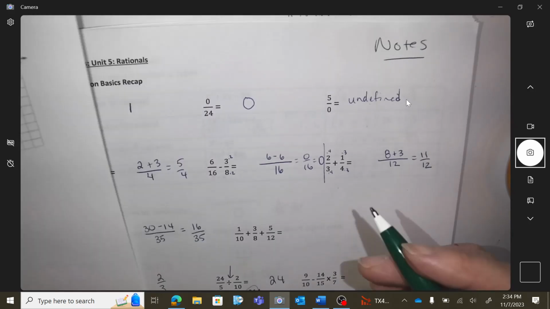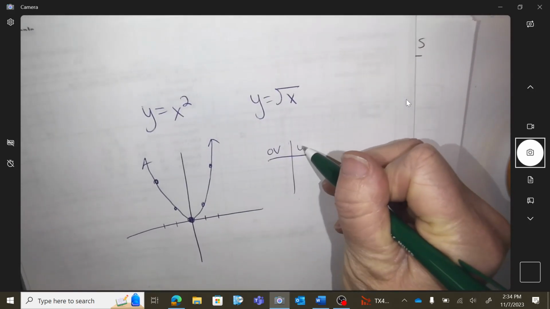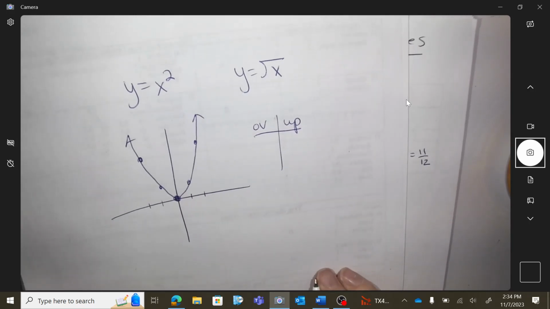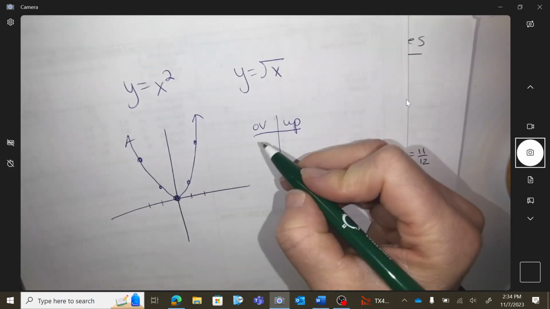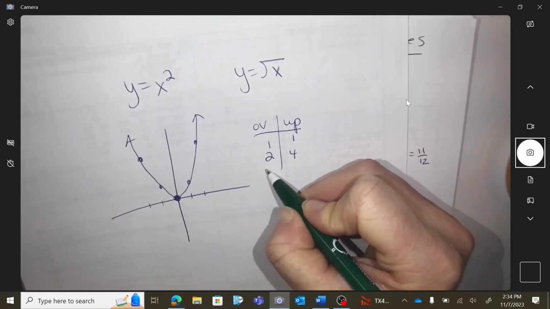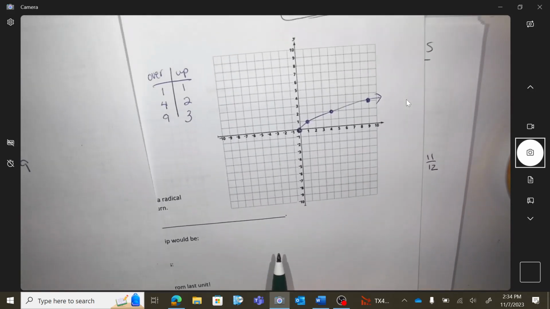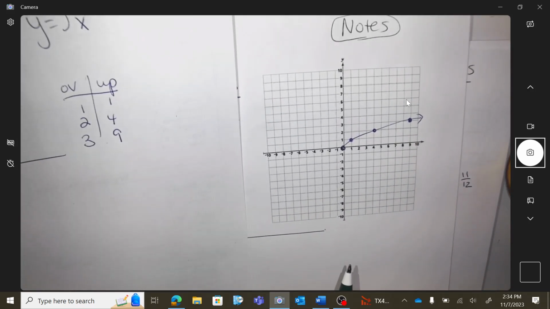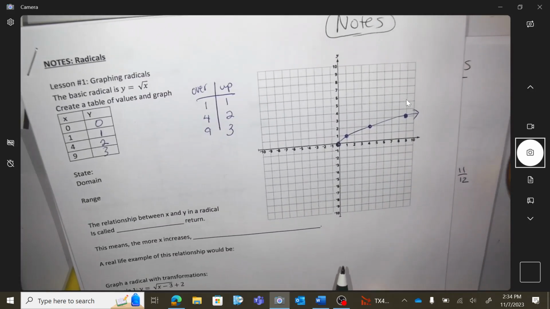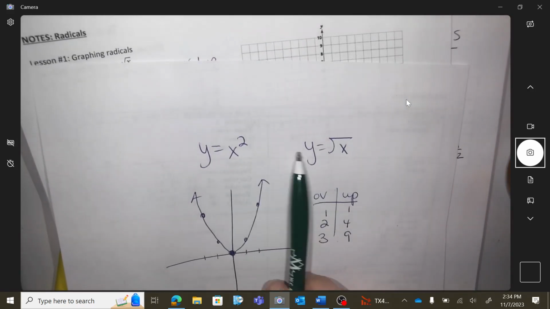So how is that comparing to what I did on the parabola? What was this pattern? 1 over, 1 up, 2 over, 4 up, 3 over, 9 up. So what's the difference between them? They're flipped. Okay? Because we talked about these being opposite of each other.